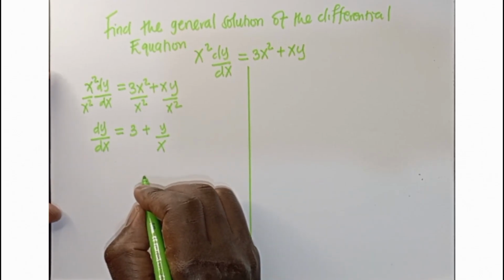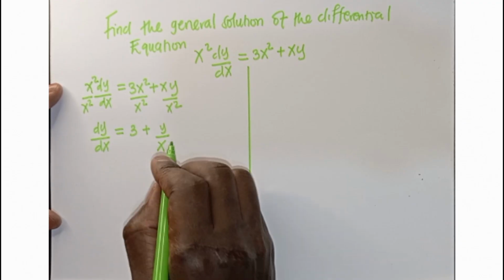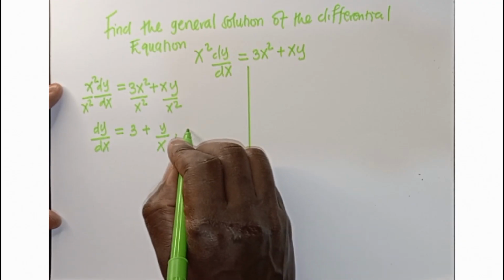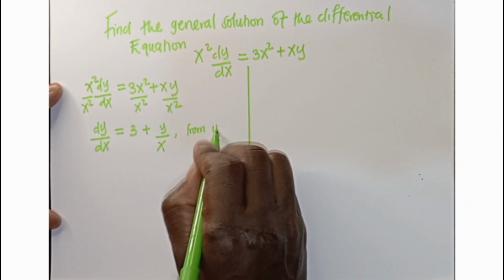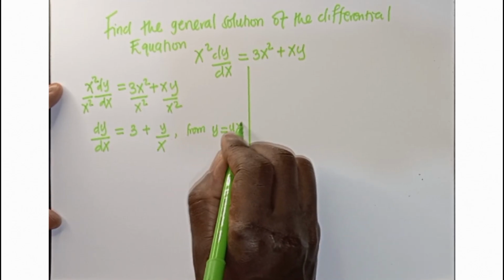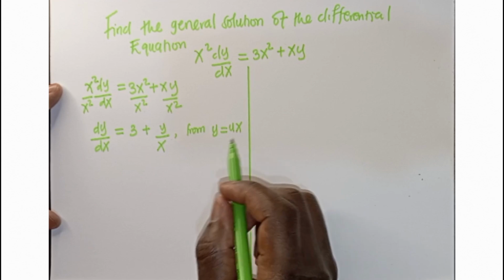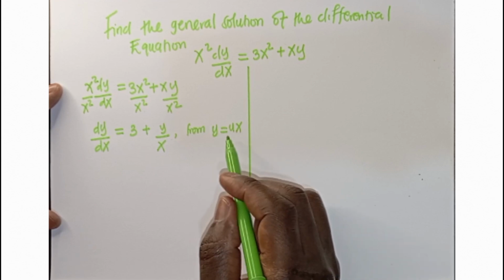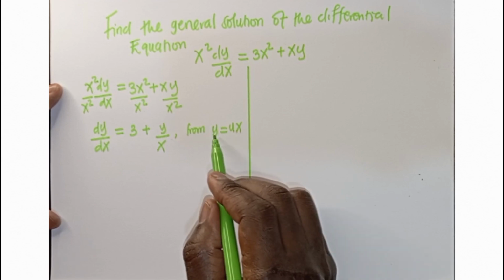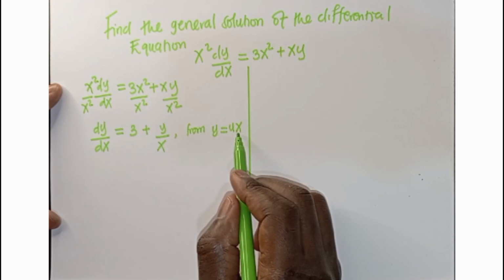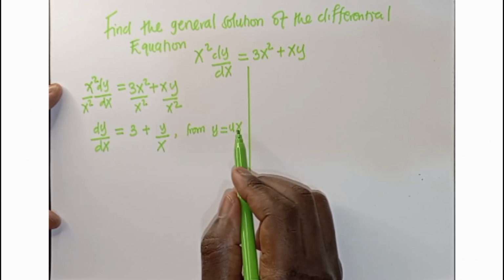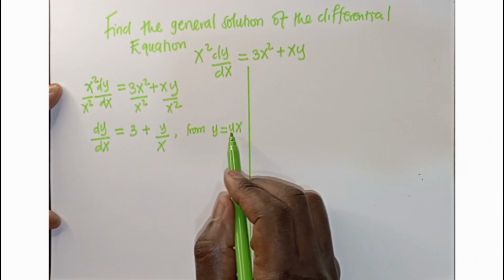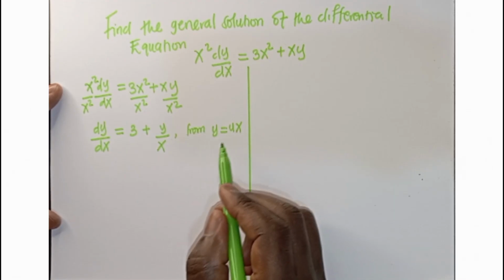Now we divide through by x with the highest power, because we know from homogeneous that y is equal to ux. Some people use v, others use something else, but it's a line whose y-intercept is 0, so a simple straight line.